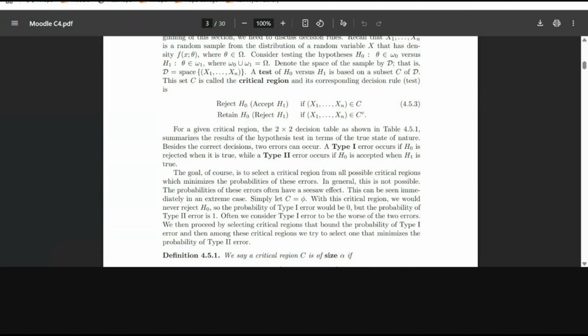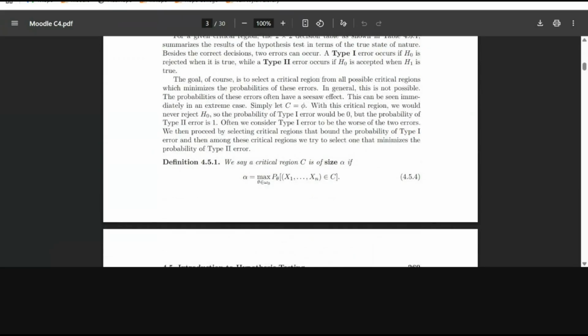So one important thing is I'm going to introduce this thing called the size of a test. The size of a test is the significance level. And it is defined as, okay, this is going to take a little bit of concentration on your part. What's the probability of you falling into the critical region when your value of the parameter is somewhere in the null hypothesis parameter space?